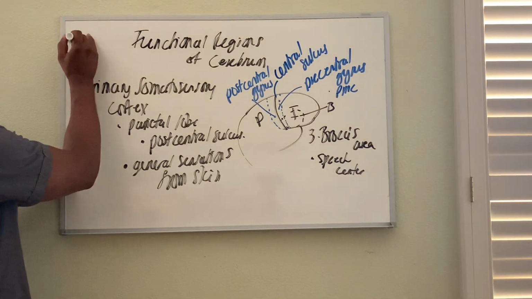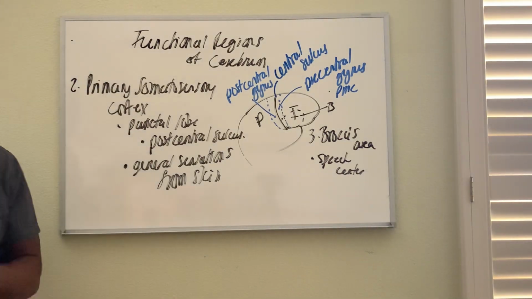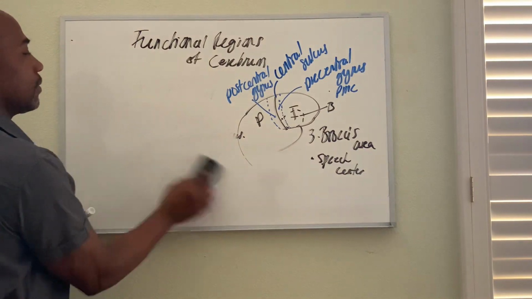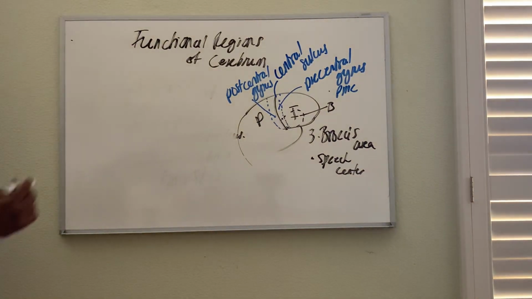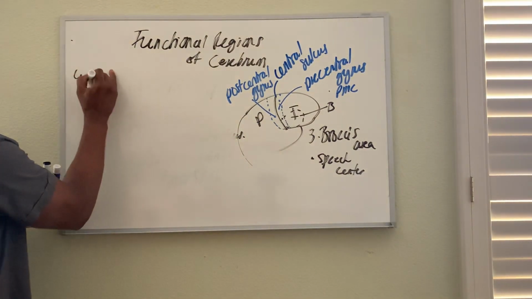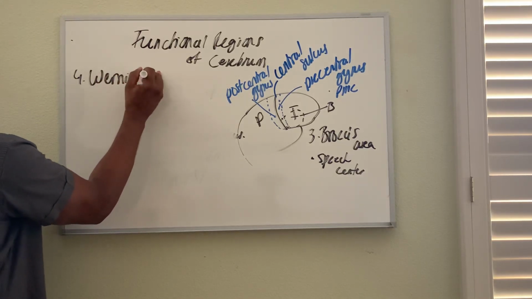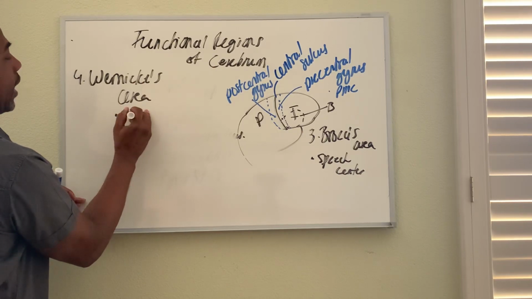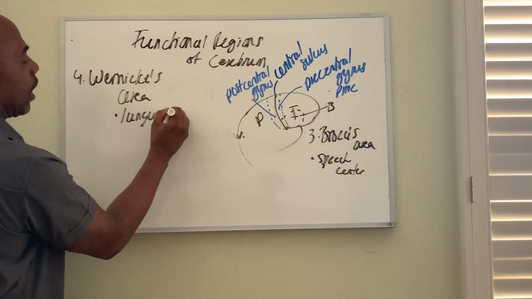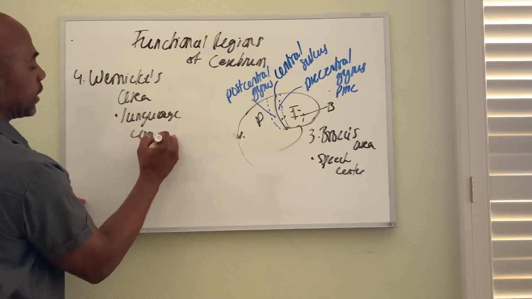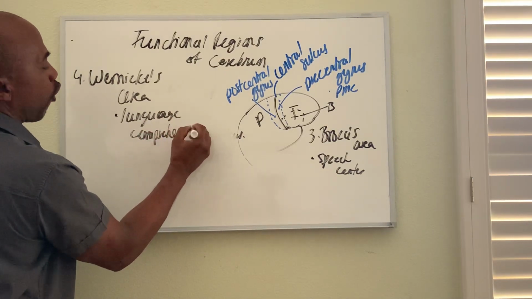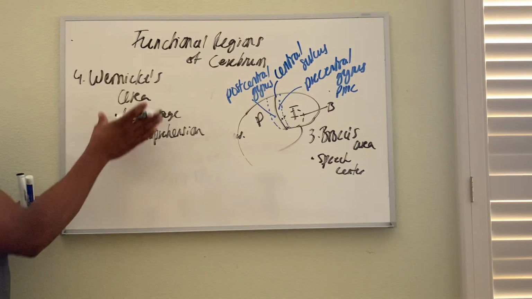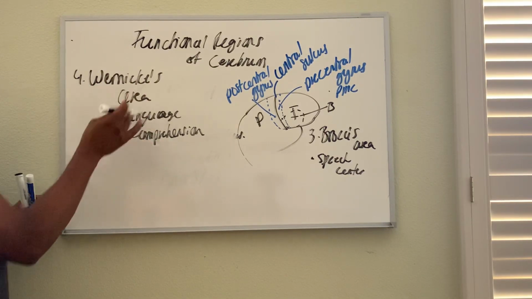And then there's another area called Wernicke's area. Wernicke's area is your language comprehension center. So when you speak or write or read, this is the area that allows you to make sense of it. It's basically where you store your vocabulary.